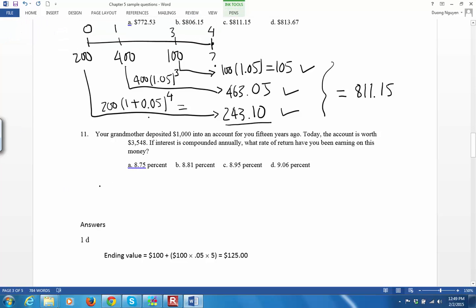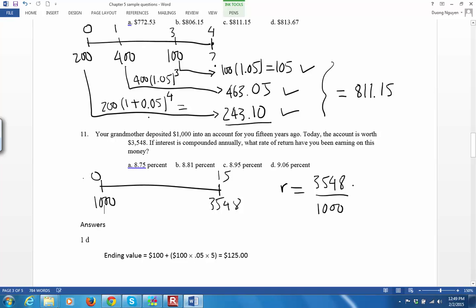We have done this before. $1,000 at the beginning, and now you have $3,548. The return equals future value, $3,548, divided by present value, 1,000, raised to the power 1 over 15, minus 1, and the answer is 0.0881, or 8.81%.